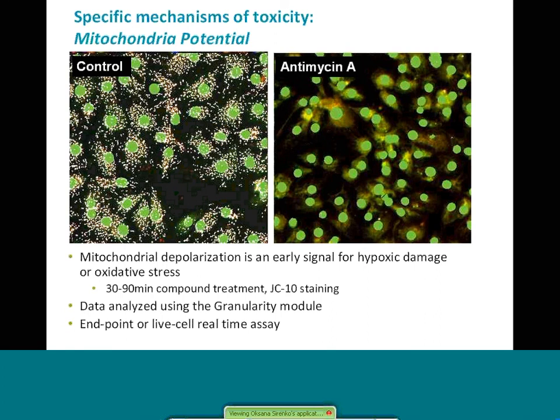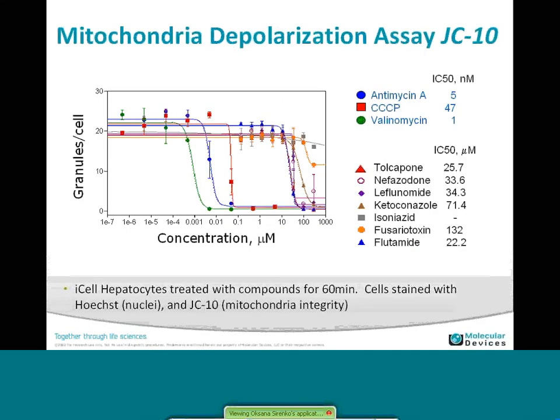This assay could be used as an endpoint or live-cell real-time assay. It could be used for disease modeling, like oxidative stress or mitochondrial damage. So this assay has very good quantitation. Granules per cell could be used as a parameter to define IC50.